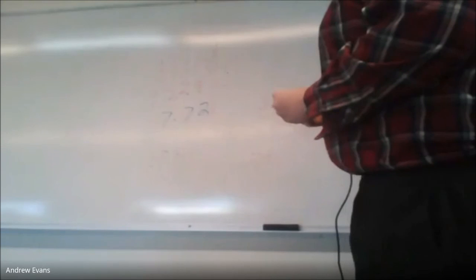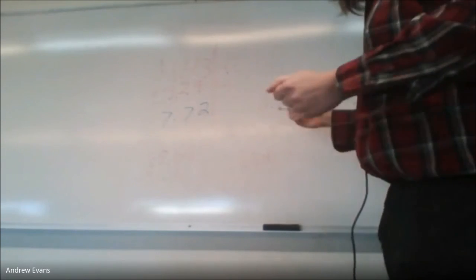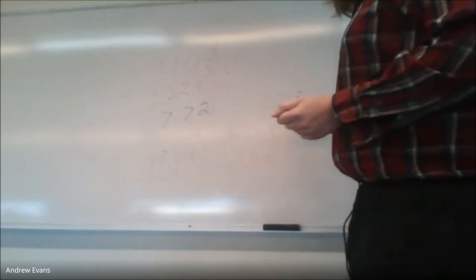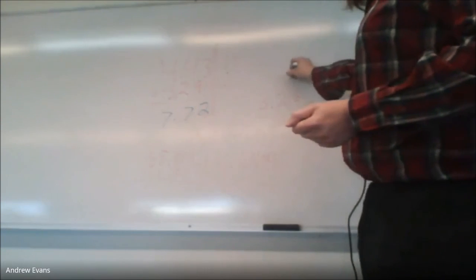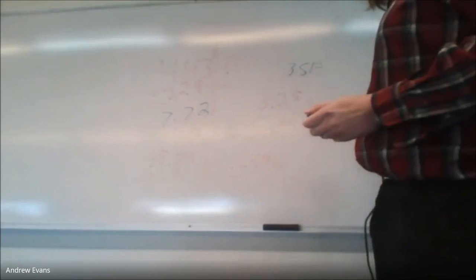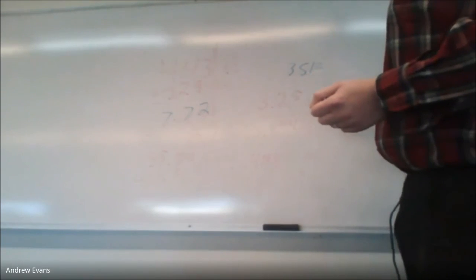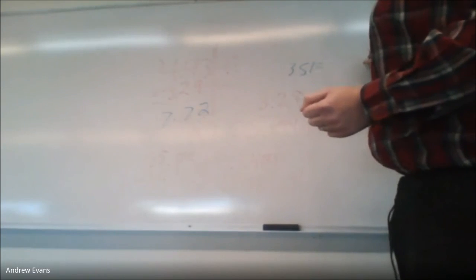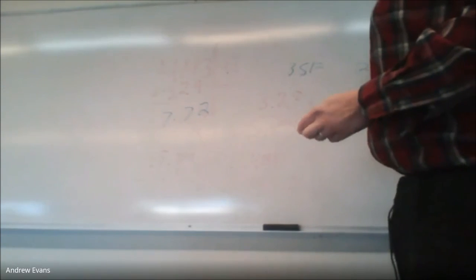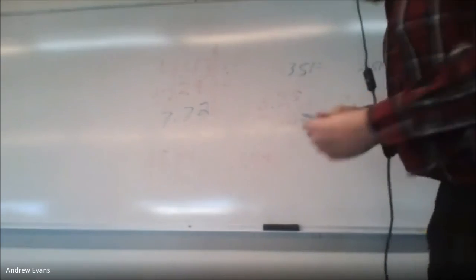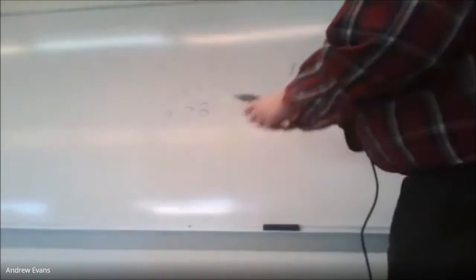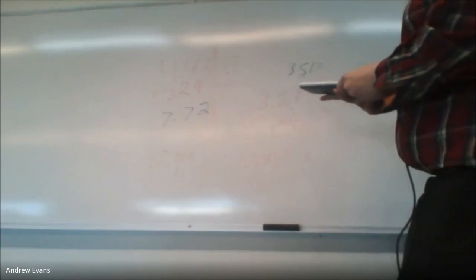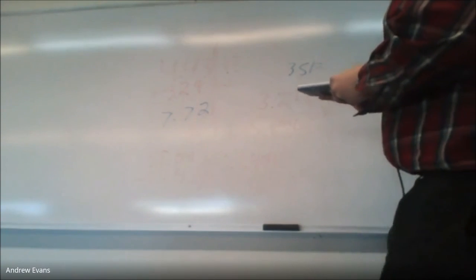On this one, we have 3.25. That is 1, that is 2, that is 3 sig figs. We have 0.035. That is 2 sig figs. So I'll do this multiplication, but knowing that at the end, we have to keep this as 2 sig figs.